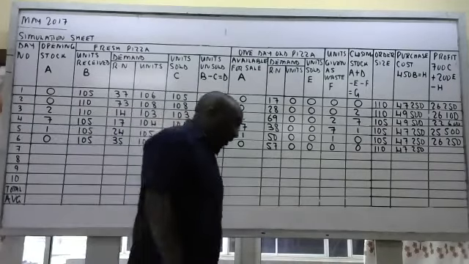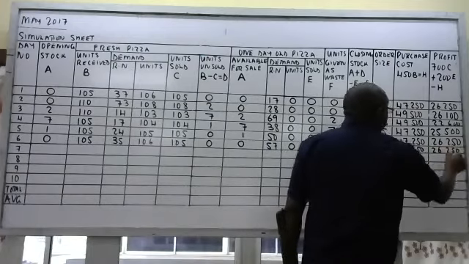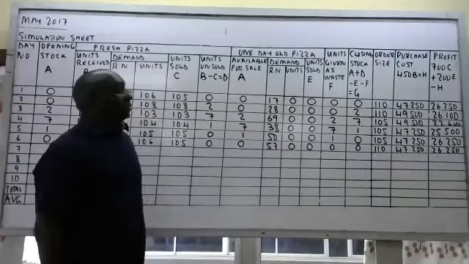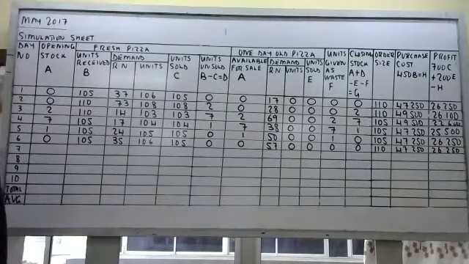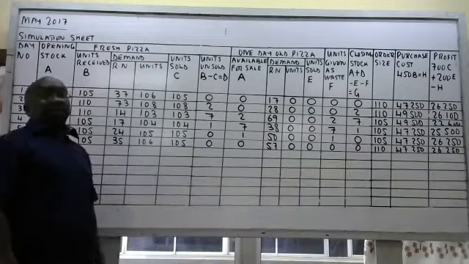Here's Ivarin, 26,250. Na banana, 26,250. Day number 7. We open with 0 and it's the day we are receiving these 110.